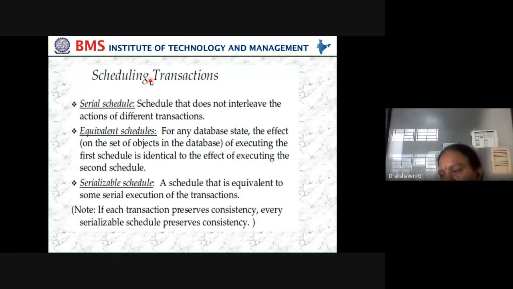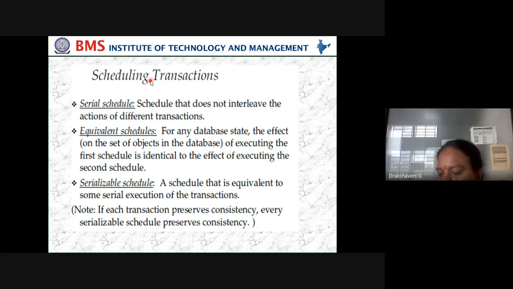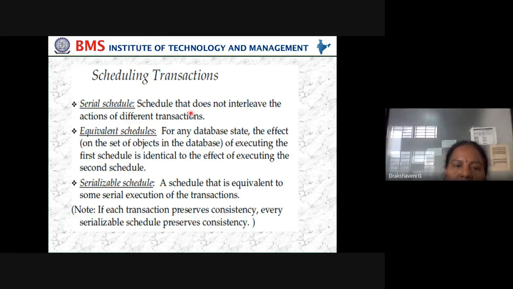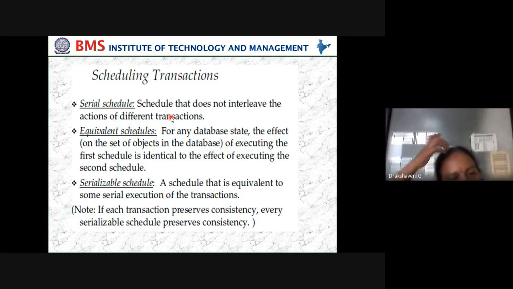One is the serial schedule: a schedule that does not interleave the actions of different transactions.